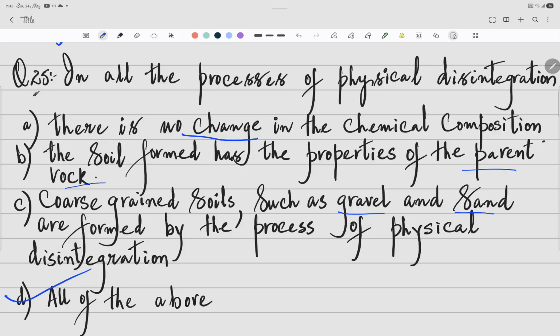As already discussed, in all the processes of physical disintegration, there is absolutely no change in the chemical composition. The soil formed has the properties of the parent rock. Coarse grained soil such as gravel and sand are formed by the processes of physical disintegration or the mechanical weathering of rocks. So the correct answer is all of the above.